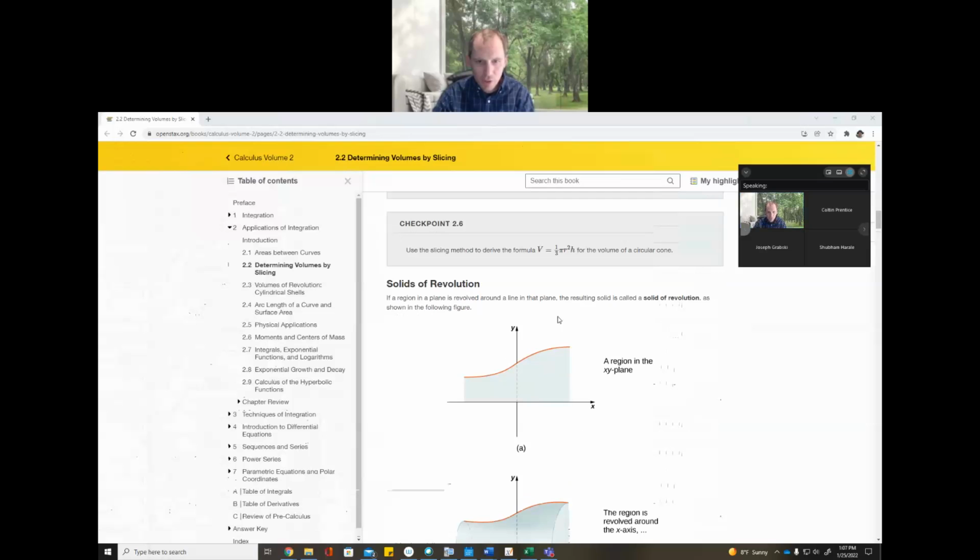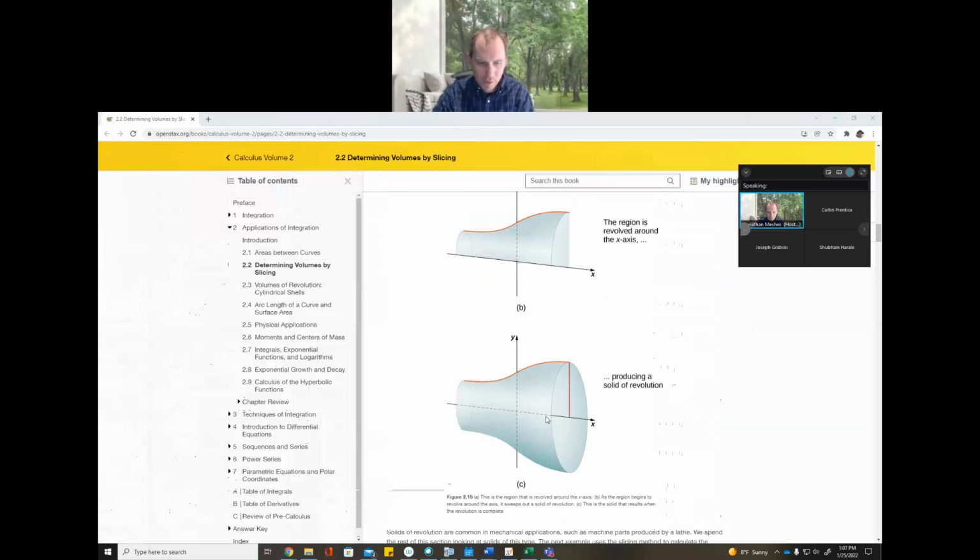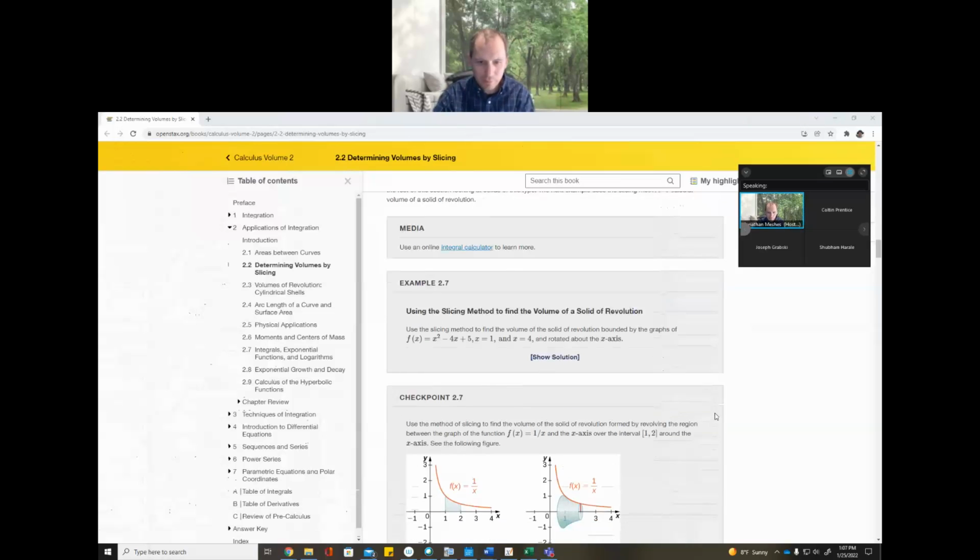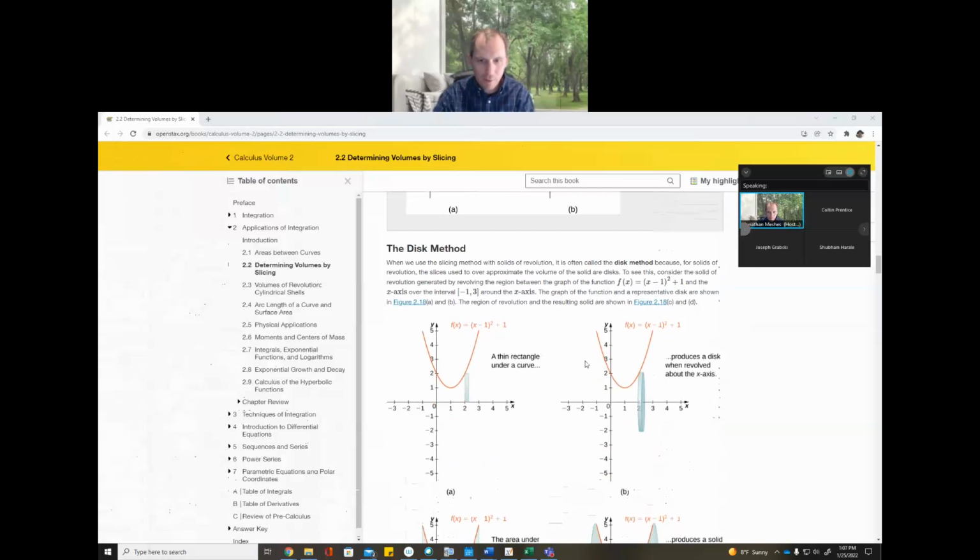Okay, so here they talk about solid of revolution, right? You get some curve, and you rotate it around the axis, you're going to get a round-looking solid. Now in the book and in the notes, we talk about the disk method and we talk about the washer method. Those are really the same methods. The disk method is just the simpler method when I'm rotating about like the x-axis and I get a solid.